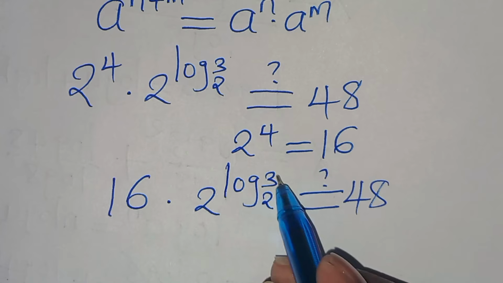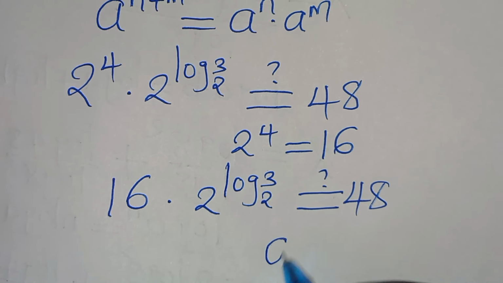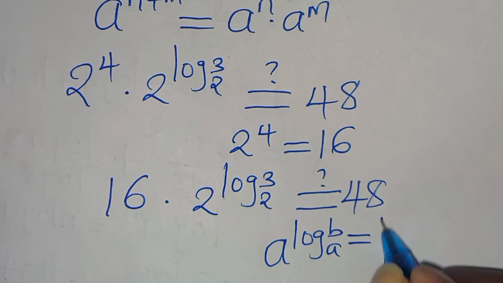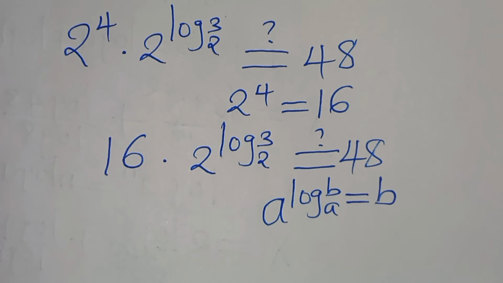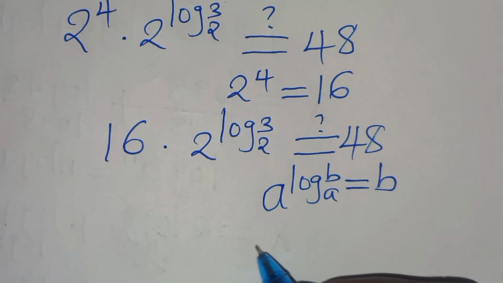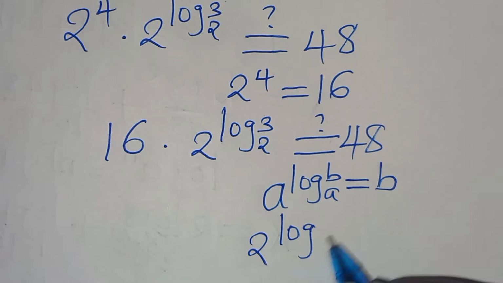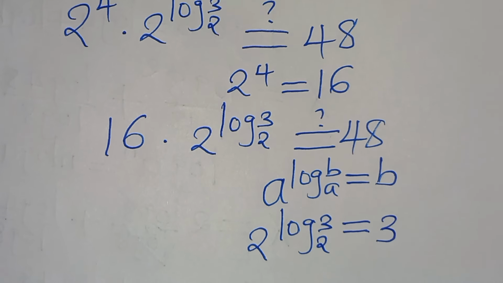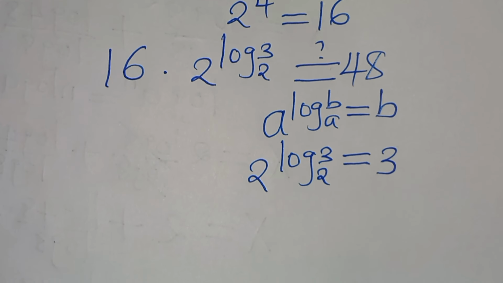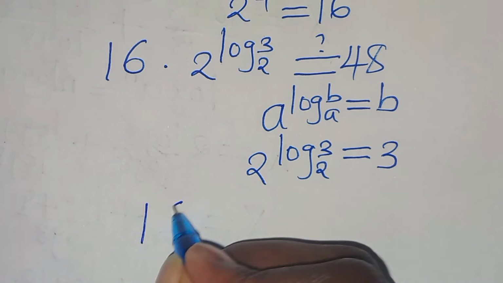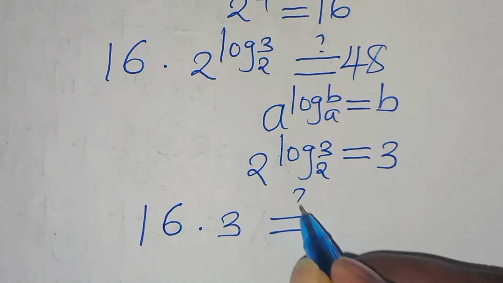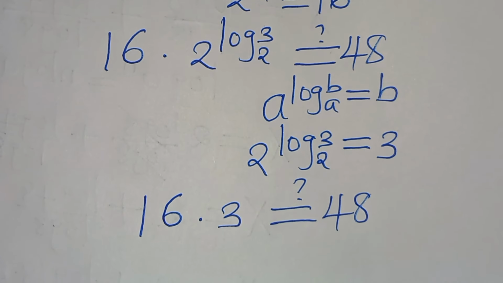Now 2 to the power of log 3 to base 2 is in the form of a to the power of log b to base a, and this should give us a value of b. So this means that 2 to the power of log 3 to base 2 should give us a value of 3. And therefore, 16 multiplied by 3 should give us a value of 48.